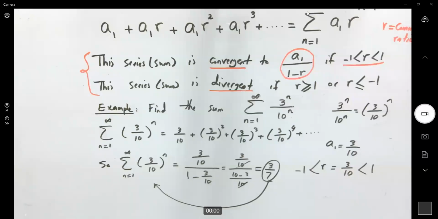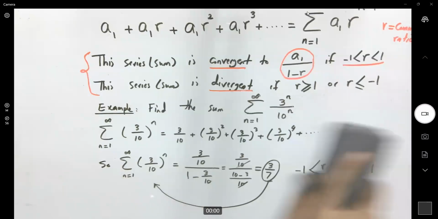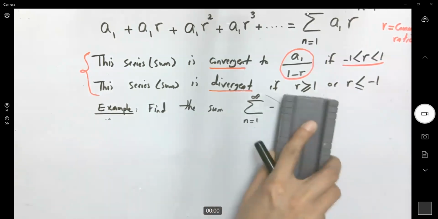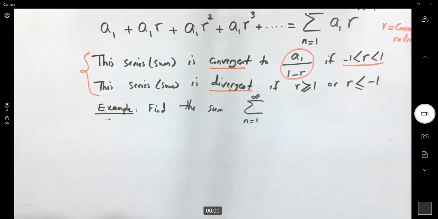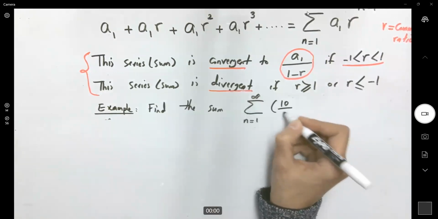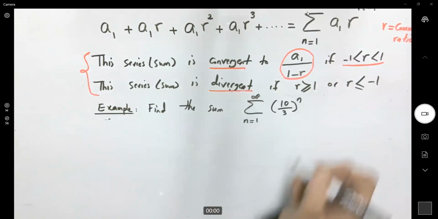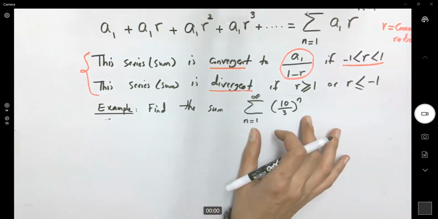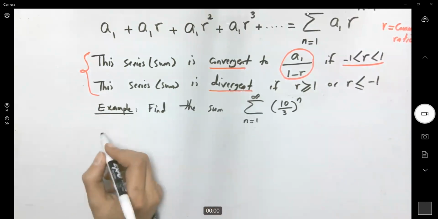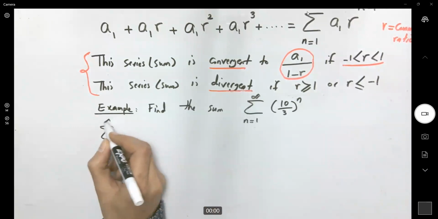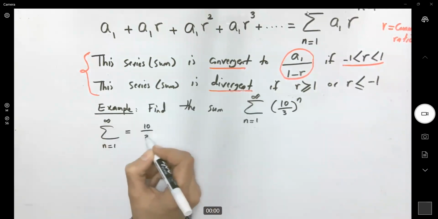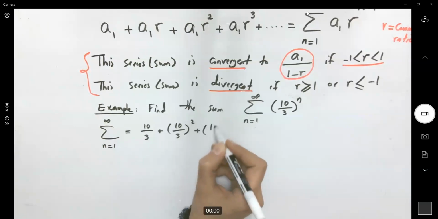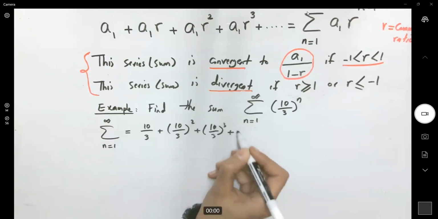Very good. So now what if I change this? What do I mean by that? What if I write it this way? As 10 over 3 to the n. Guys, I'm flipping the fraction. 10 over 3 to the n. Well, is this a geometric series? Okay, let me check. This guy can be written as the sum n start from 1 to infinity is 10 over 3 plus 10 over 3 to the second plus 10 over 3 to the third plus the rest of the terms.